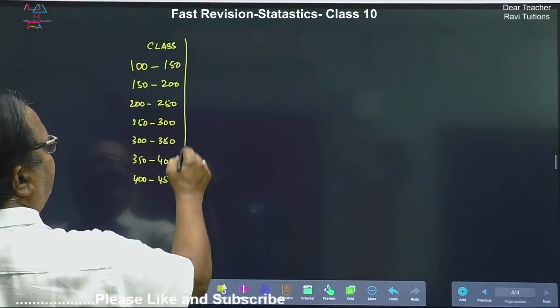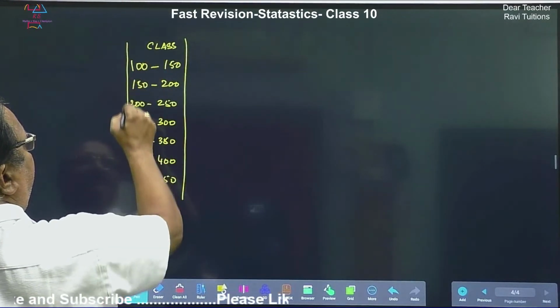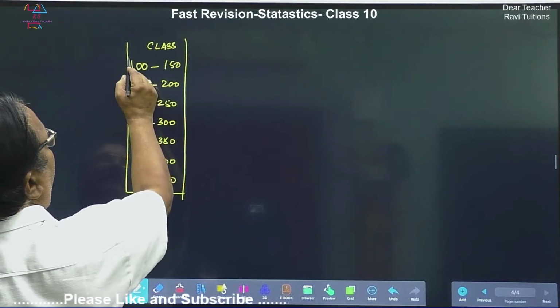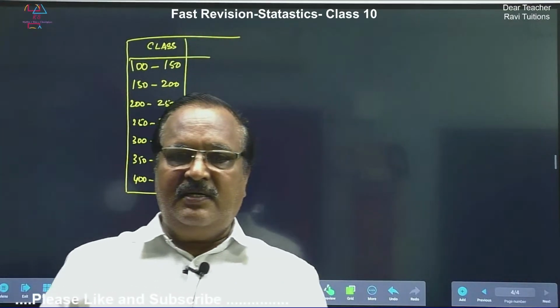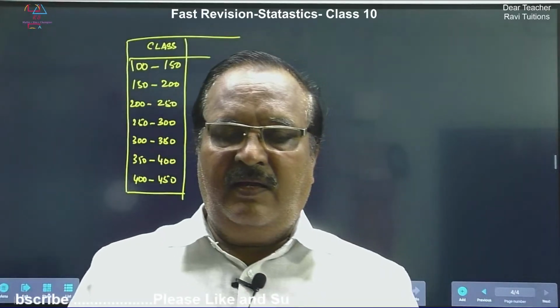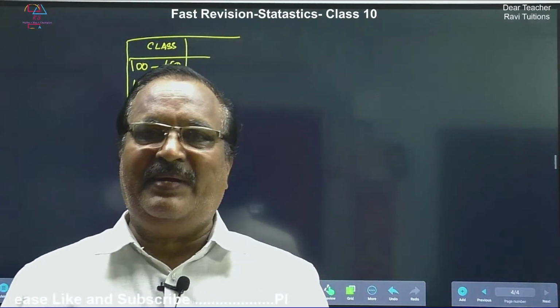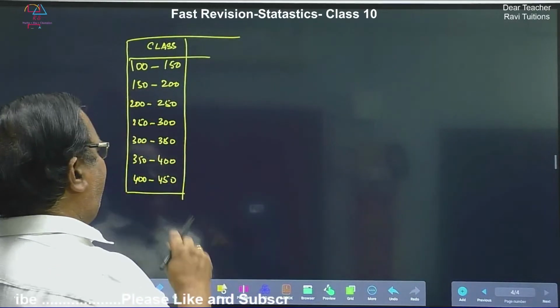So this is the class interval. In the examination, please draw the lines using a scale and pencil. Make it attractive.